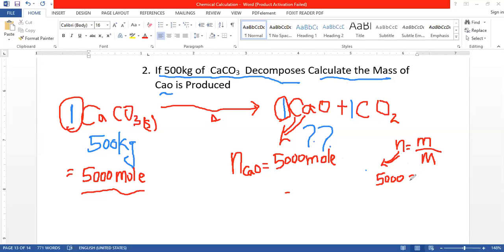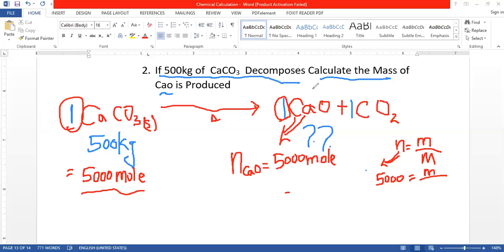The given mass should be found. That's what has been asked: calculate the mass of calcium oxide produced. And the molar mass should be given. Whose mole is this? Calcium oxide mole. So you should give here the calcium oxide mole.